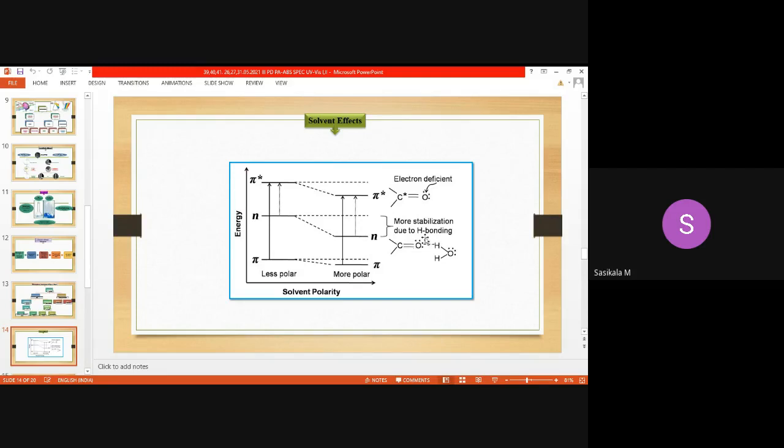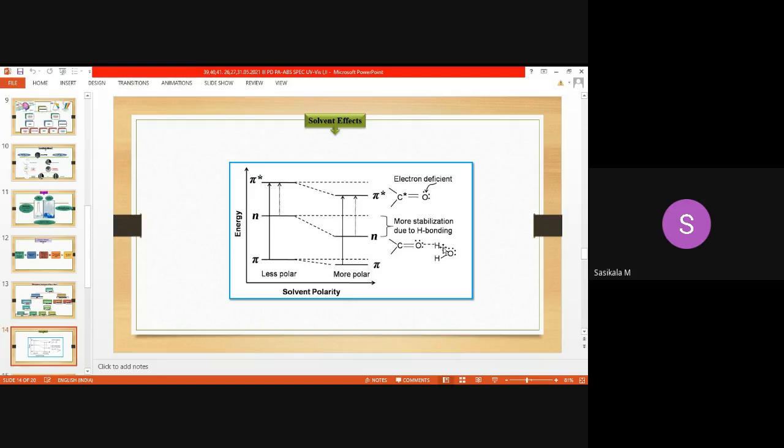When it forms intermolecular hydrogen bonding, what actually happens? The electrons present in the heteroatom would otherwise be donated to the double bond. The double bond is the chromophore. When the electron density around this pi bond is high, it is more flexible and requires only less energy radiation.